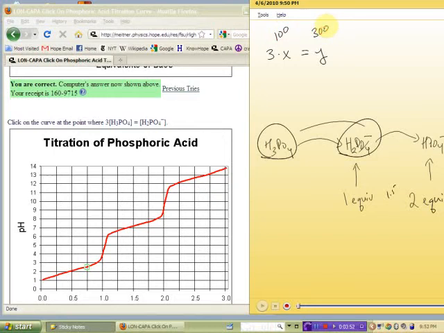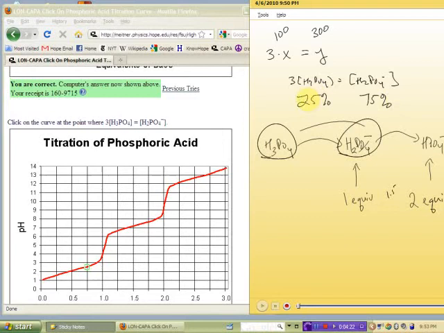So the point is, in this example, if my information is 3 times H3PO4 equals H2PO4 minus, first remember that this is the one I have more of, and 3 to 1 means 25% and 75%.